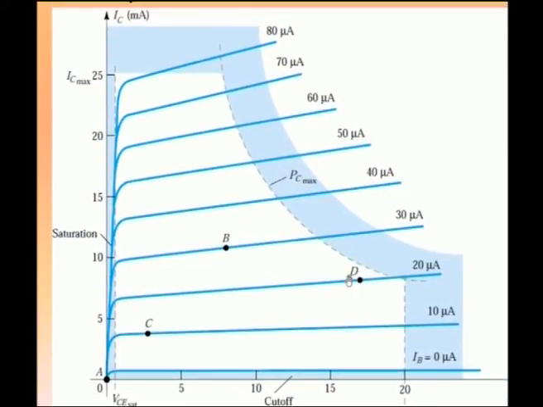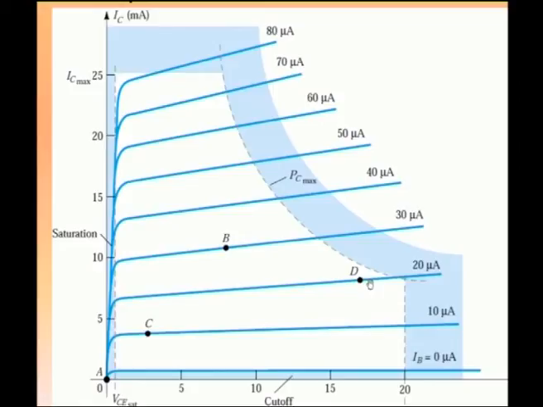So, if you choose this operating point, it is closer to the maximum voltage. This point will also not be suitable for the operation of the transistor as an amplifier. Again the output cannot be an amplified output of the input signal because it is closer to the maximum value of the output voltage.